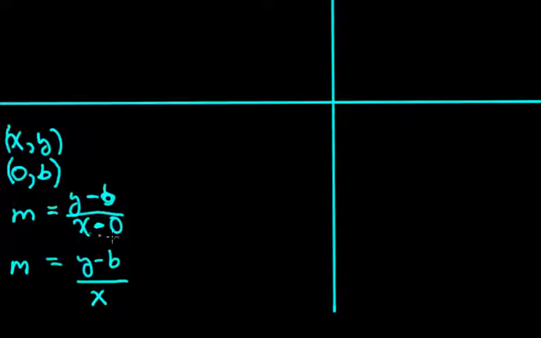So when x minus 0 is x, I'll cross multiply: mx equals y minus b.